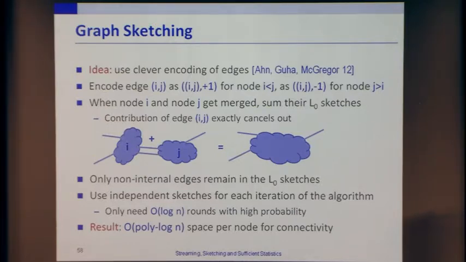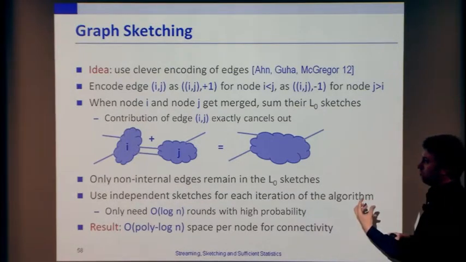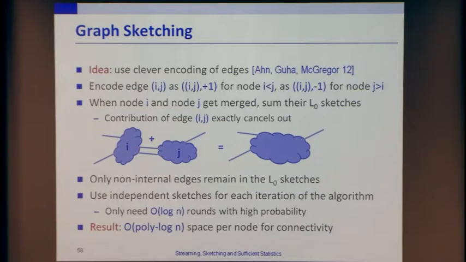If we have a fresh sketch for each step of that process, fresh in the sense that we created all of these in advance in parallel, so we're not actually going back to the data, we're just starting with the first set of sketches, using them to generate the first set of components, then using the sketches of the nodes to come up with the sketches of those components for the next round, and so on.